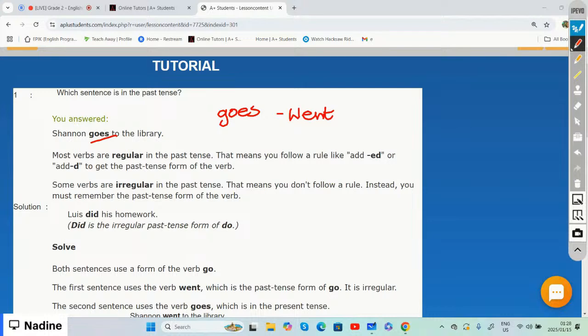All right. So look how the wording changes. And that is why we say it is irregular past tense. You don't follow any rules.